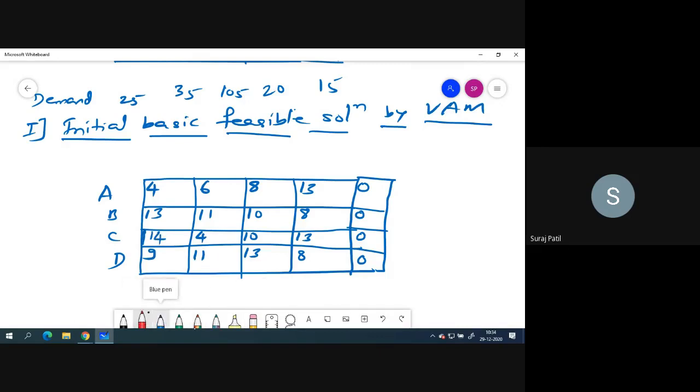Now I'll just add the number of units by Vogel's approximation method. For first it is 25 and 5, 20. I'm just directly copying it.